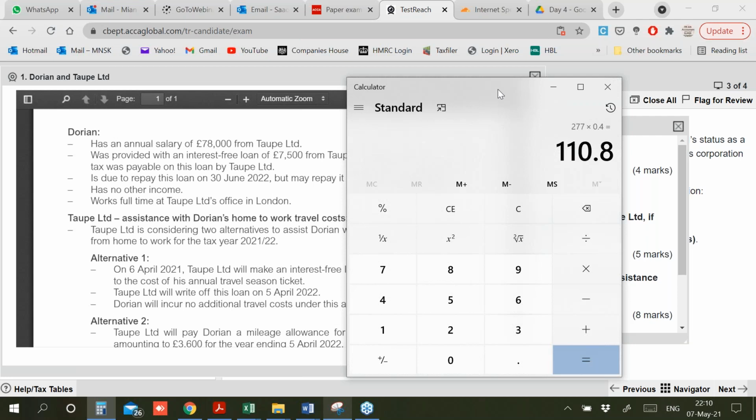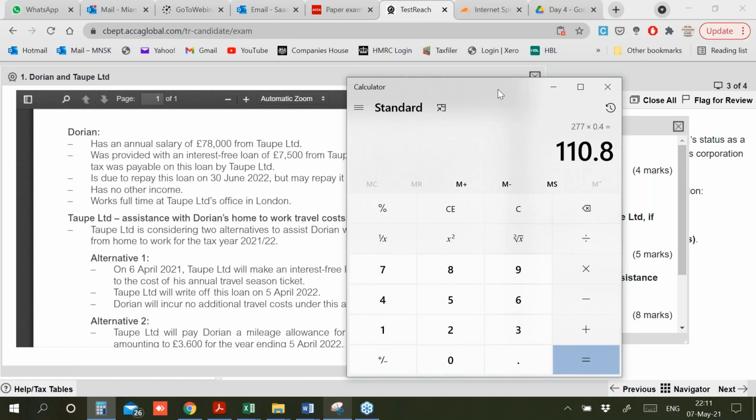Now, in alternative 1, the company will later write off this loan. I told you in the last part that whenever the company writes off a loan to a director, it will be treated as a dividend. Now, if the company does this here as well, this 4,800 will be treated as a dividend and added back into D's income as a dividend and taxed at 32.5%, considering he's a high rate band payer.